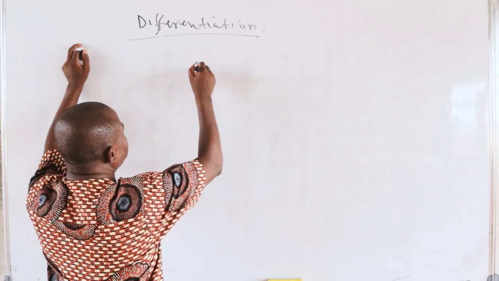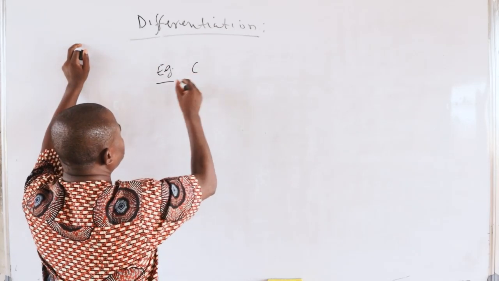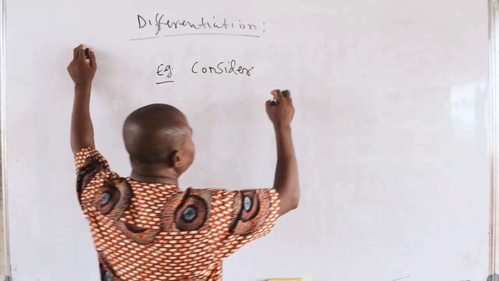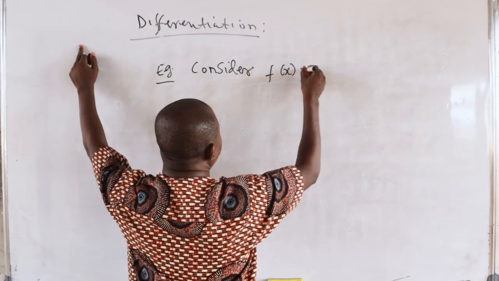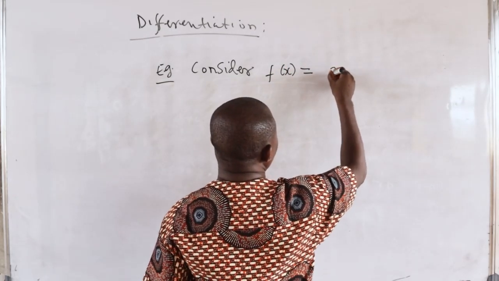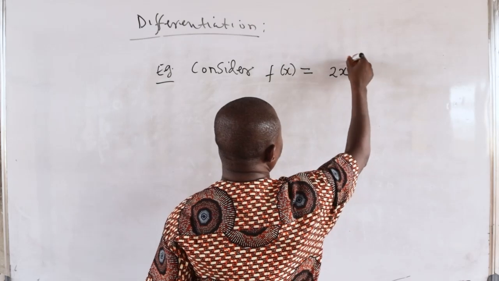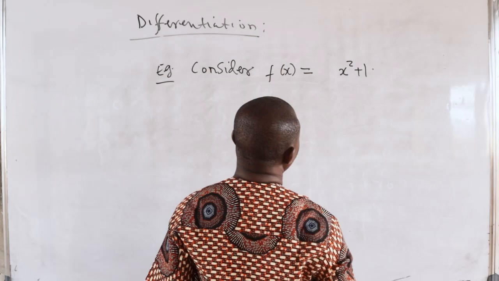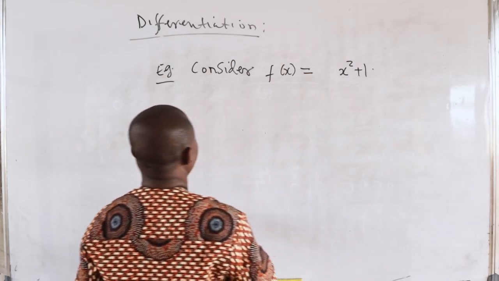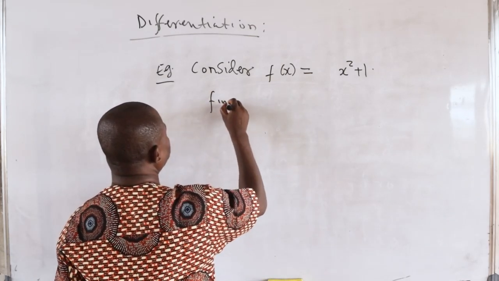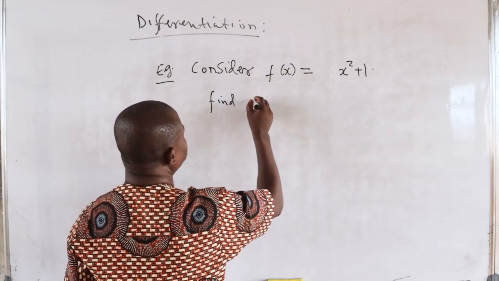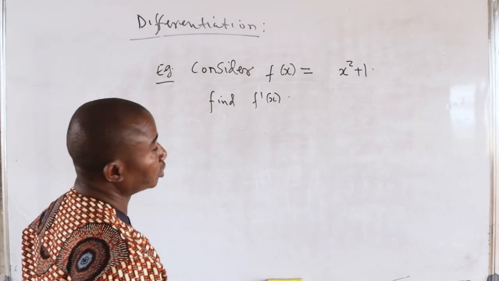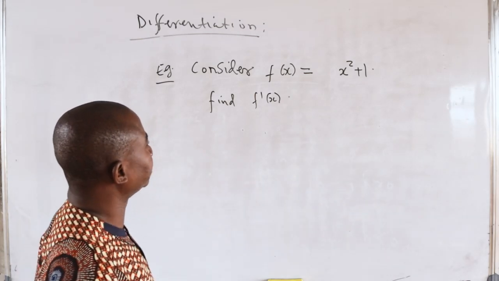So example number 2, if we take the function f of x equal to, say, x squared plus 1. The problem is to find the derivative, or f prime, of x.